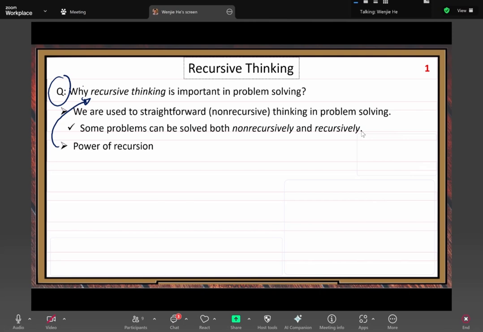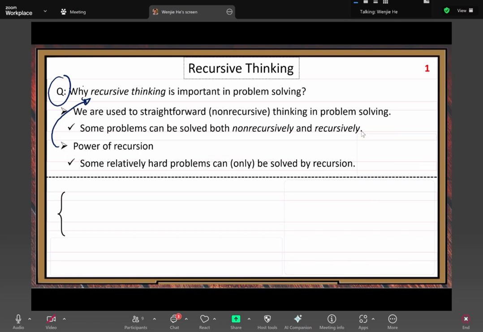I will give you one simple example to show you that point. After you see that example, you can appreciate this idea.